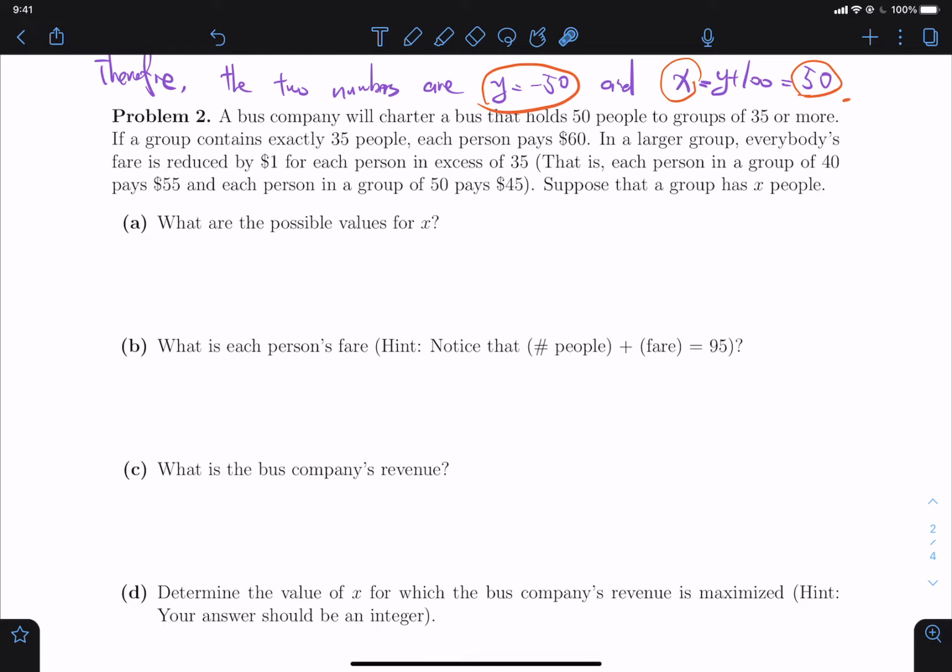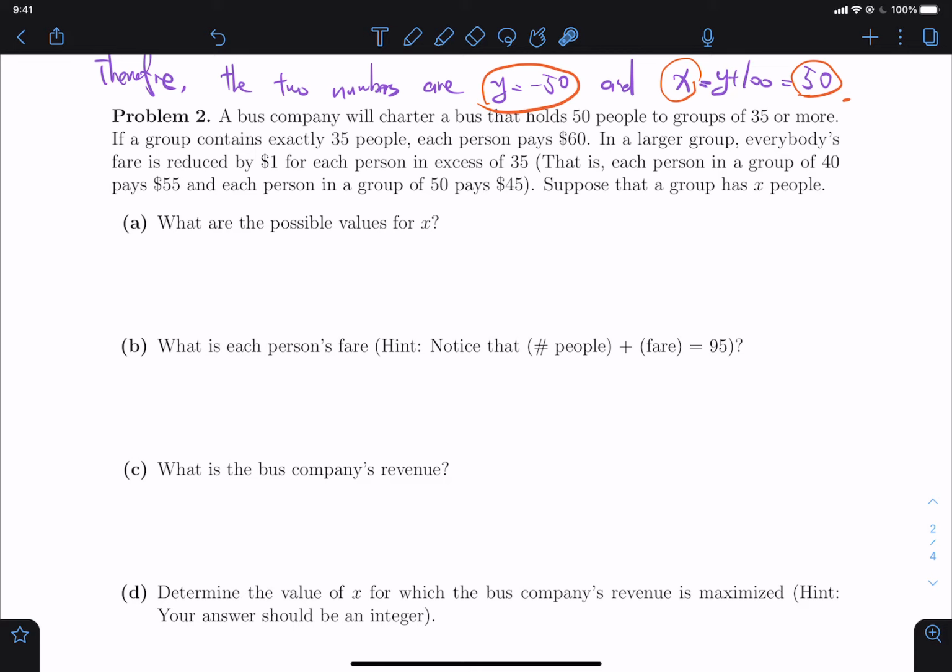If the group has exactly 35 people, then each person will pay $60 for their ticket. If the group is larger than 35 people, you get some discount. The discounted price is the original price 60 minus the number of people in excess of 35. So for example, if you have 36 people, then you will have $1 reduced.